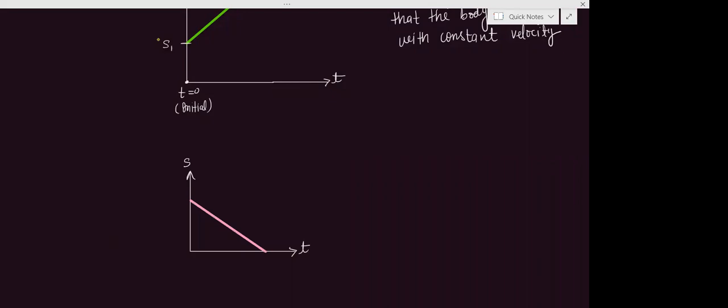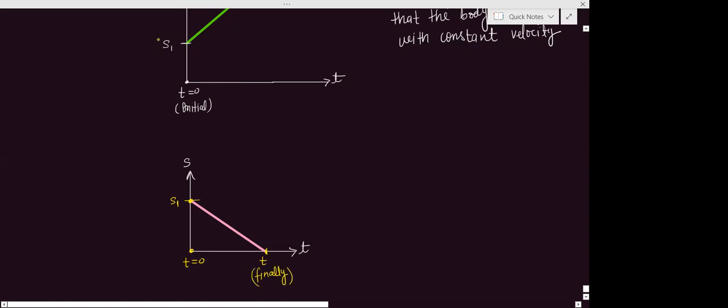In this case, see here, at t is equal to 0 there is some displacement, suppose this is s1, and finally at some time t, this is the final condition, and this is the initial condition.